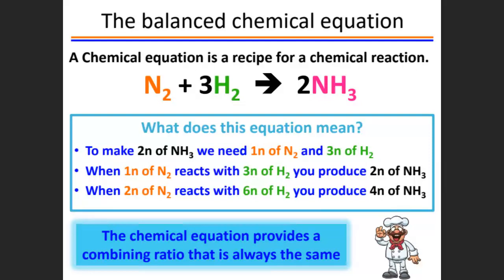Along with that information, we are going to learn something else called limiting reagents and excess reagents. First of all, this is a kind of review, because you remember that we had 1-2 math and I already explained the ratio and I also gave you the supplemental materials. So here I want to review that the chemical equation provides a combining ratio that is always the same.